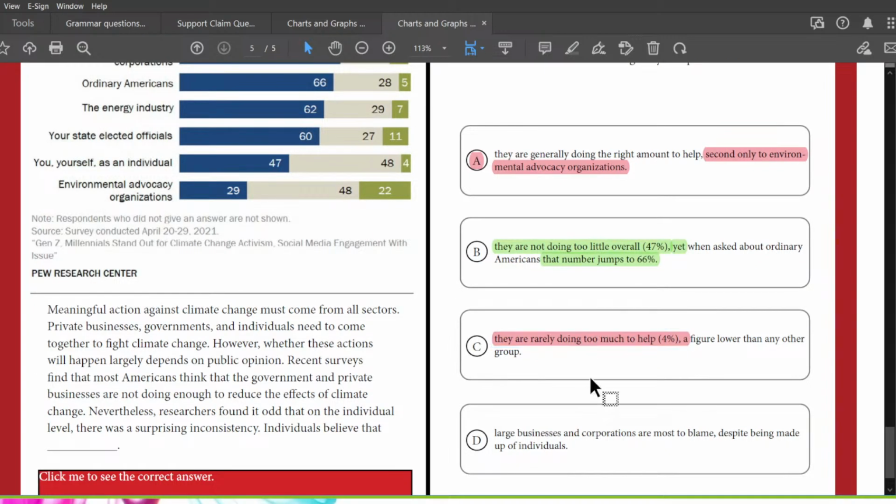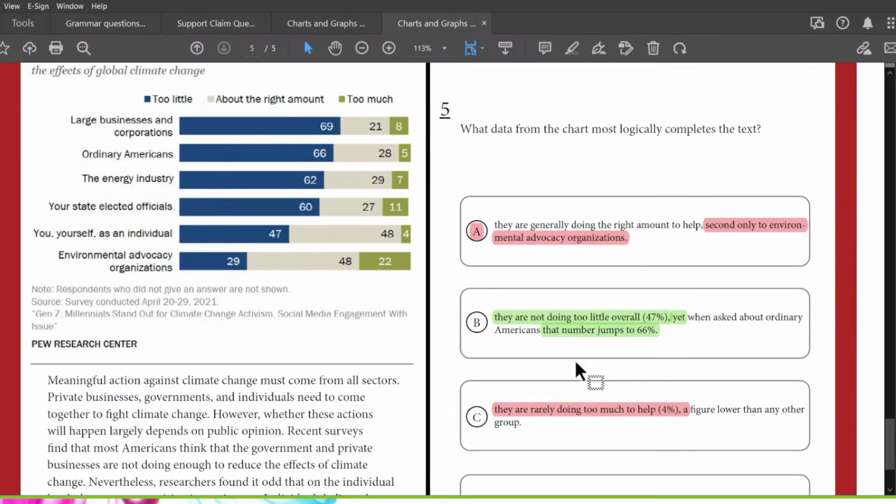I don't know if that makes it an inconsistency per se, because yeah, it's lower than any other group, sure, but then why wouldn't I just mark that large businesses have 69% doing too little? That's bigger than any other group. The 48% here and in this too is bigger than other groups.